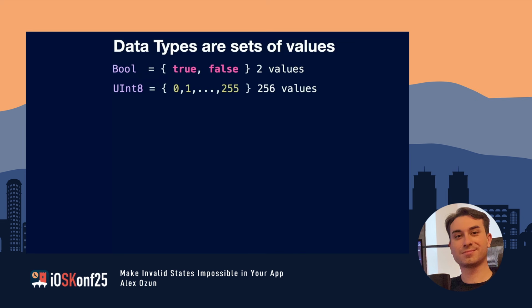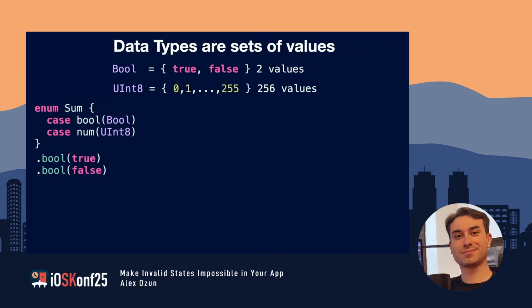And in Swift, we have two interesting types, structs and enums. So enums represent a sum of data types. So we combine Boolean and number as a sum of their values. So we have two possible Boolean cases, and then 256 number cases. So in total, we have 2 plus 256, 258.